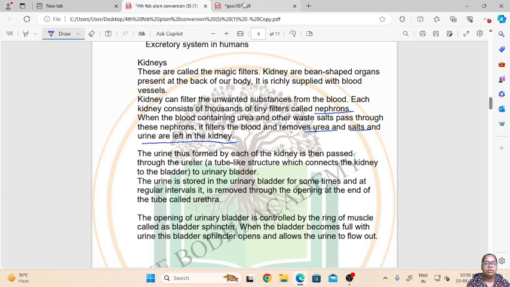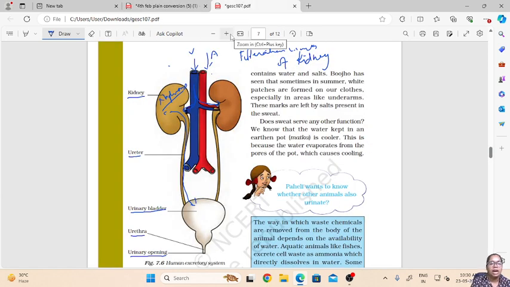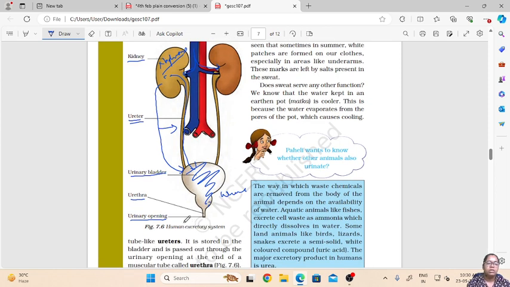the urethra. So then after filtration, through the urethra, it will reach what? Urinary bladder. Once the bladder is full with urine, it will be released out through the urinary opening, which is the urethra.